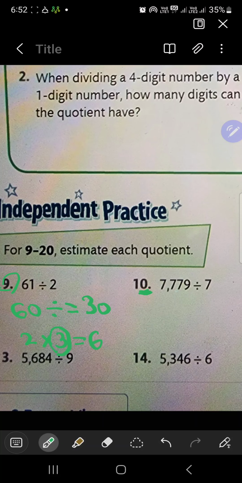Here, 7,779. In the timetable of 7, we know that if we divide 77 by 7, we say that 7 times 11 equals 77.